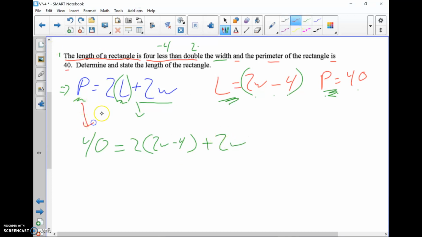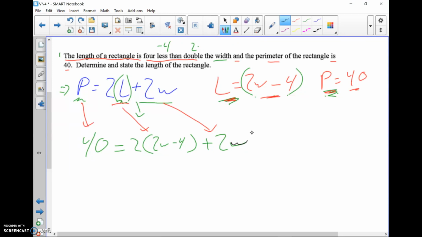Here is your P equals your 2L plus your 2W. So perimeter changed to 40, 2L changed to 2 times 2W minus 4 because I'm replacing L with what L equals, replacing P with what P equals, and 2W I didn't replace with anything because I don't have W equals to substitute it with. Sorry, it's an ugly W.